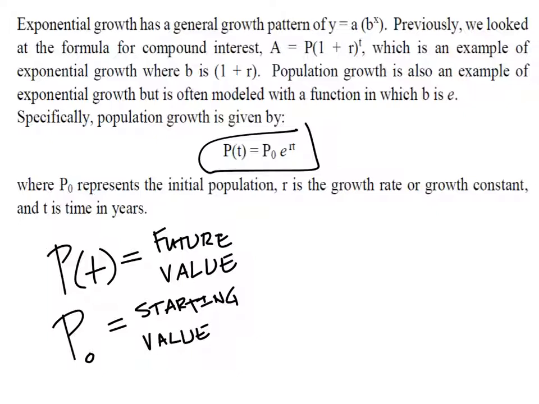The reason I say value is because we're going to be using the same formula for things other than population, which we will see in a moment. R is the rate of growth, or the growth constant, and T is the time in years, which we do need to remember, even though I don't think for this section they give us any time in months. Otherwise, we'd have decimal values for that.